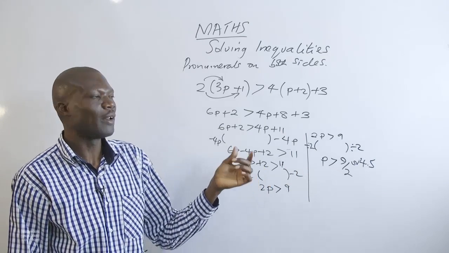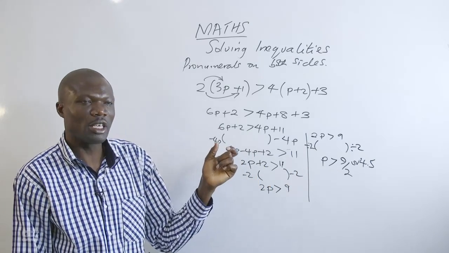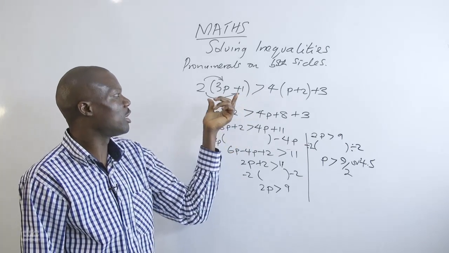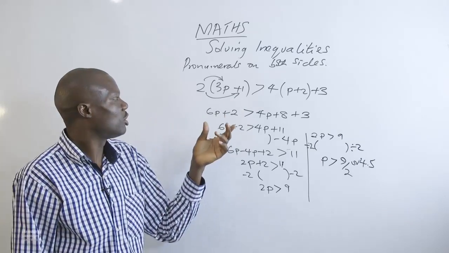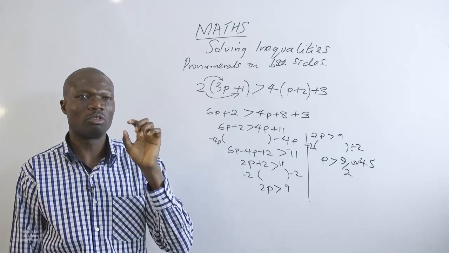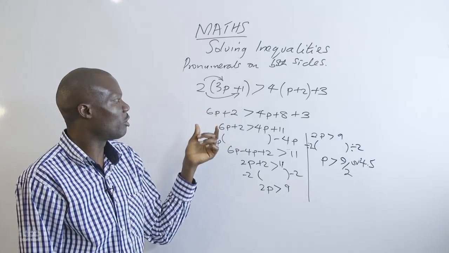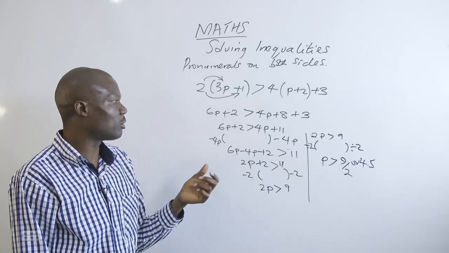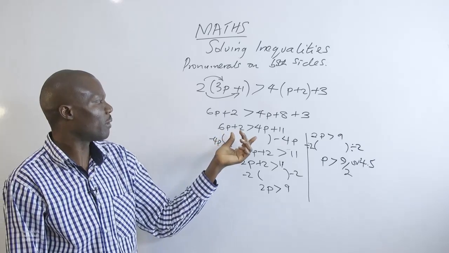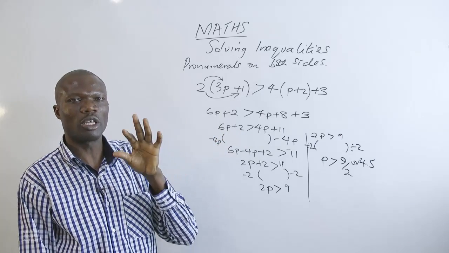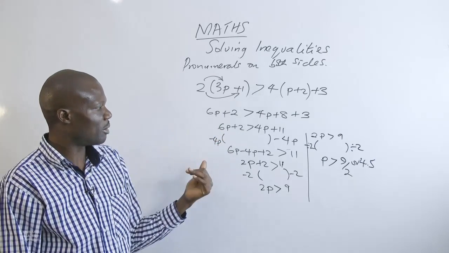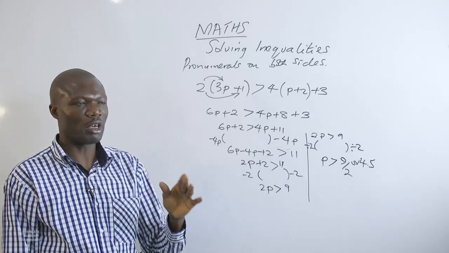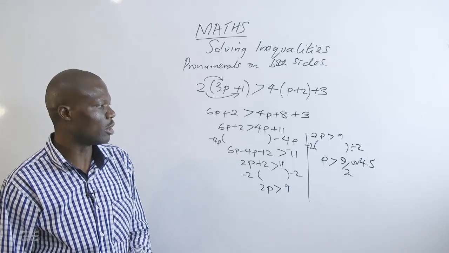So we are saying that when you are handling inequality with brackets, you use the distributive law to expand or to remove the brackets. Having removed the brackets, you collect the like terms, and then you simply bring the pronumerals on the same side, and then we solve it to get all the values that satisfy the inequality.